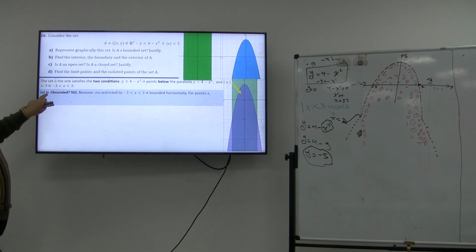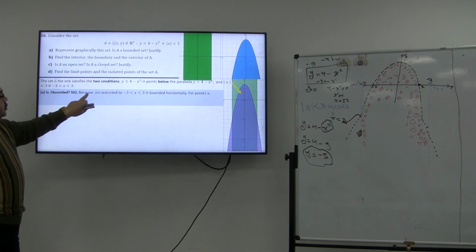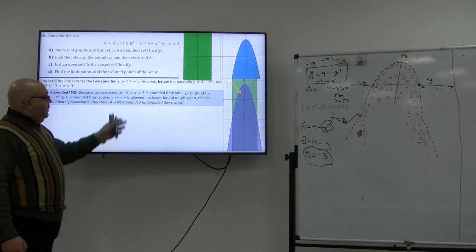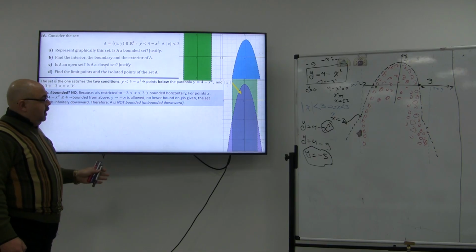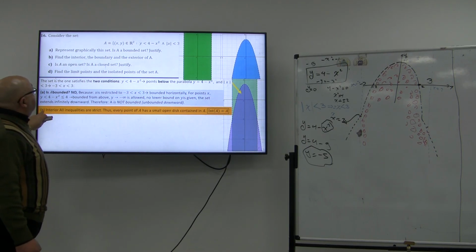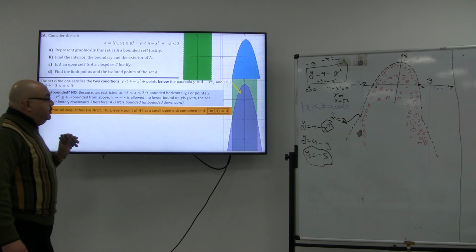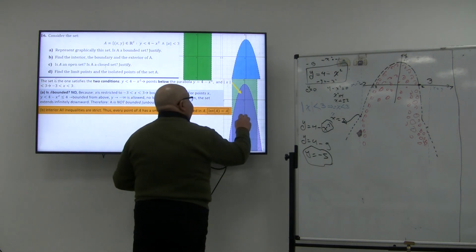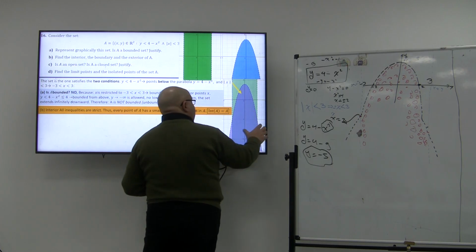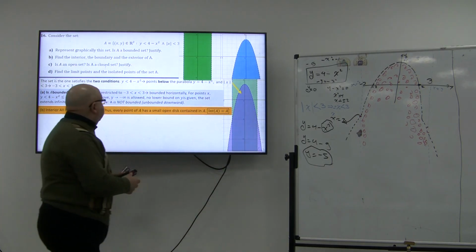Now, regarding the boundedness, no, it's not bounded because it's restricted horizontally and from above, but from below it's not restricted, so it is unbounded. He also asked you about the interior. The interior of A is all the region inside the parabola and bounded by positive 3 and negative 3.